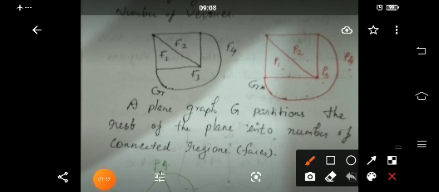Next, P2 to P3, that is adjacent. P2 to P3 is also adjacent. P1 to P3 is also adjacent, and P4 is outside, that is adjacent to P3, P1, P2.